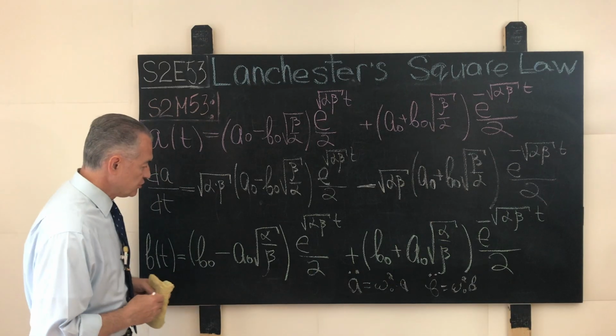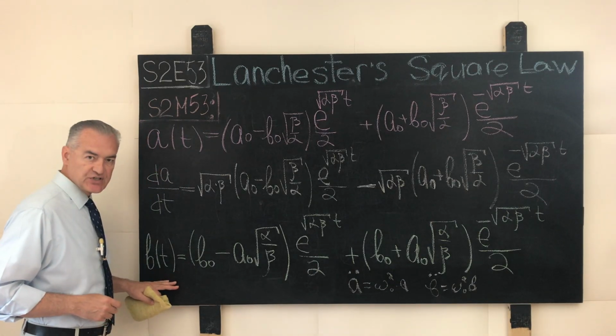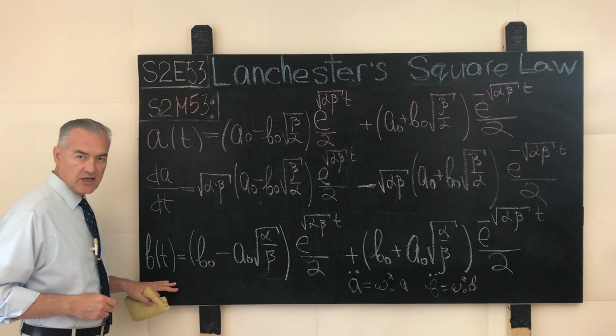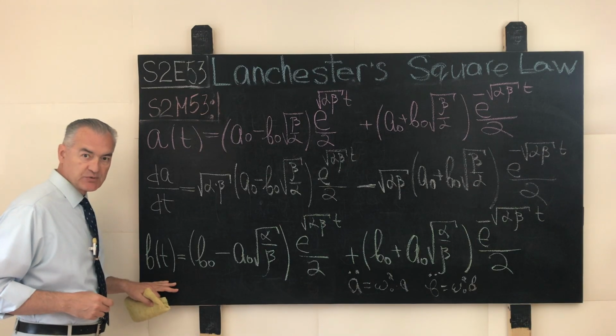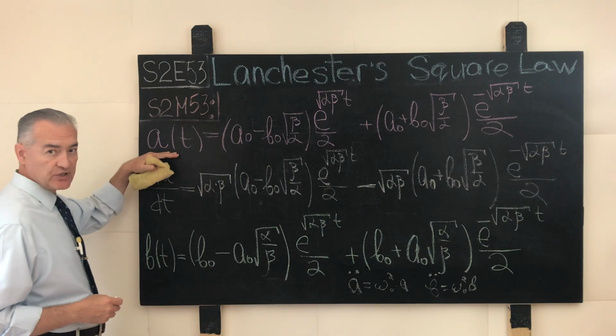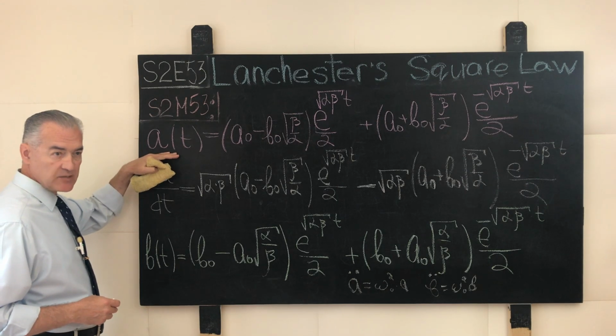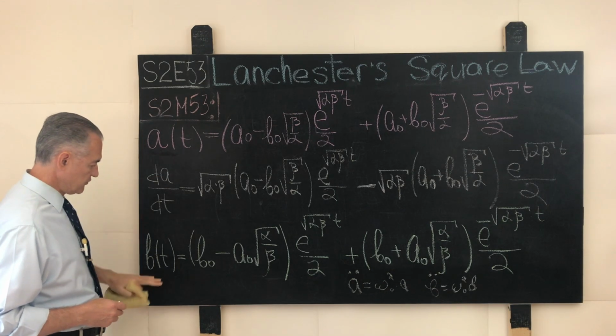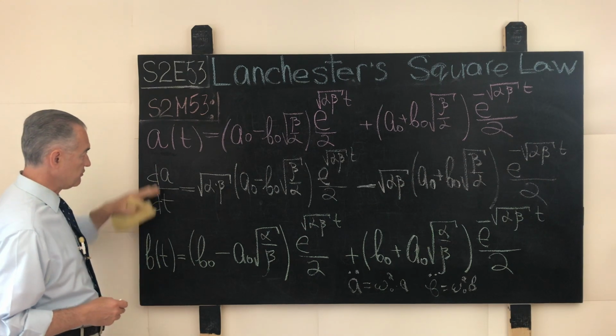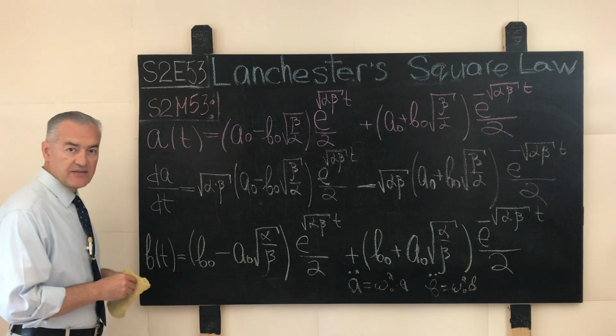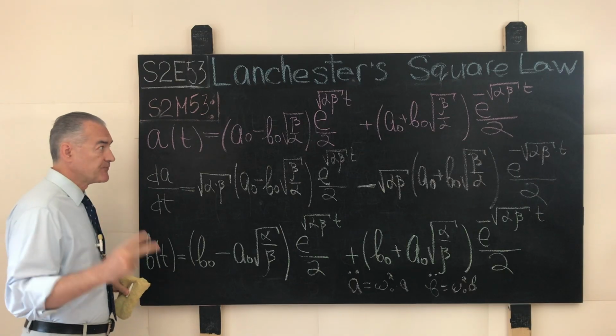As such, in order to obtain the explicit shape of the function b of t, all we have to do is go back to our explicit shape of the function a of t shown over here on top of the board and rename a into b, and then perform exactly two swaps.